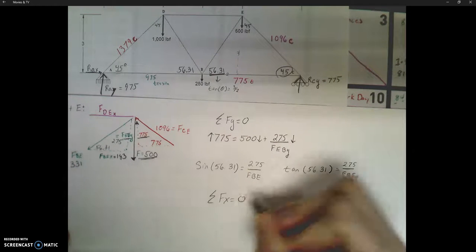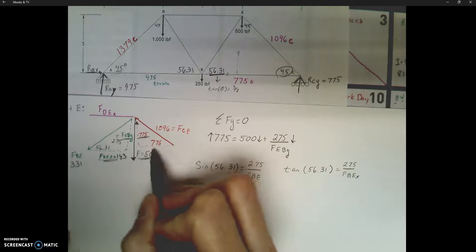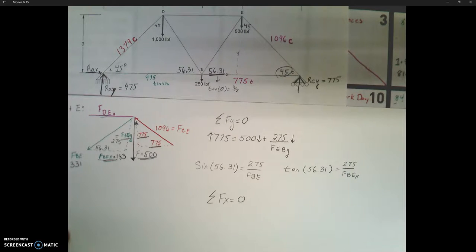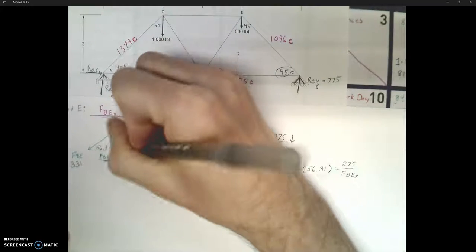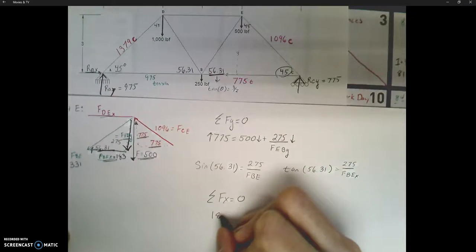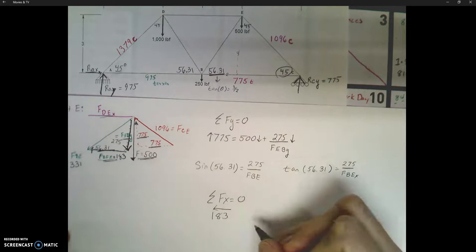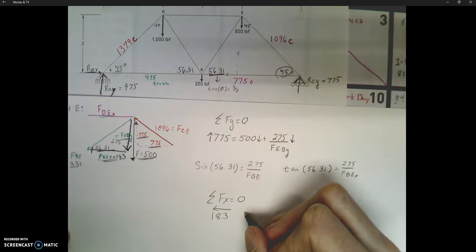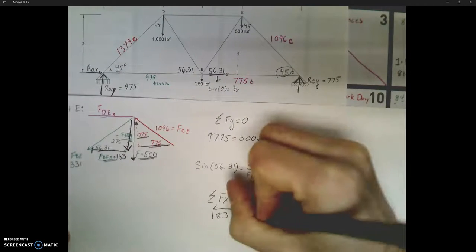So now we have the red triangle complete from a previous problem. We have the green triangle that's complete. Now we've got to look at the sum of all the forces in the X equals 0. So we have three forces. We now have one force in tension, one force in compression. So the 775 is in compression. We have the 183 in tension, but both of them are actually working in that same direction because they're both pulling and pushing that joint to the left.